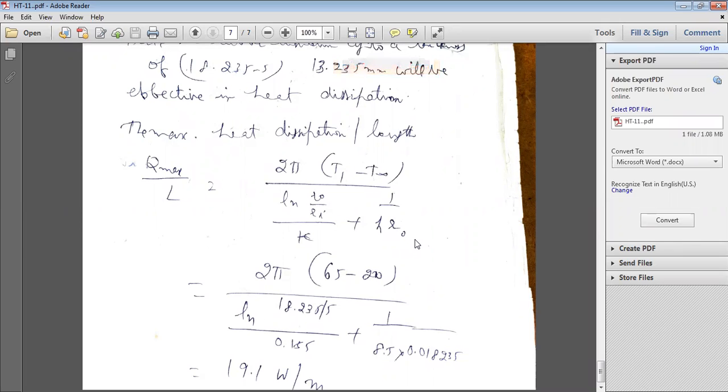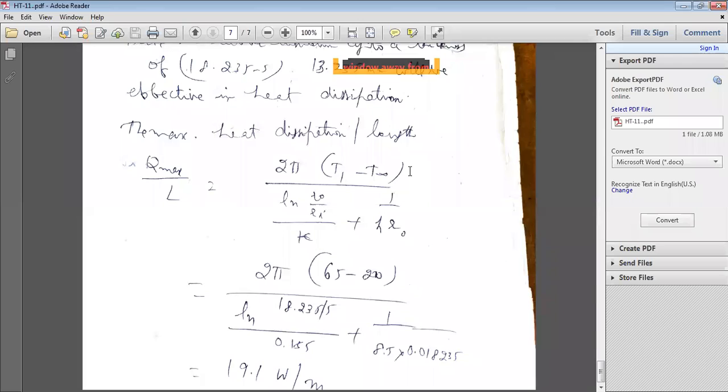What are the topics we covered so far? Single plane wall, composite wall, and composite wall with combined heat transfer, conduction as well as convection. And next, radial systems: cylinder and sphere, as well as critical thickness of insulation.